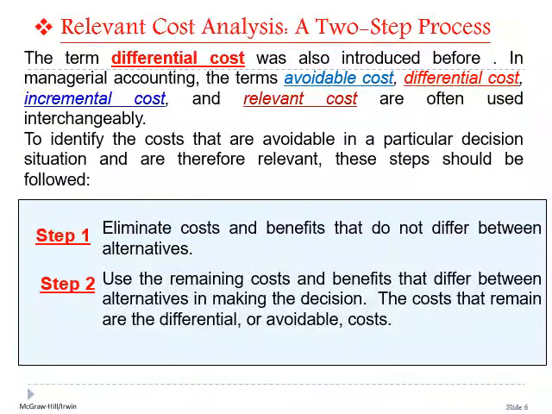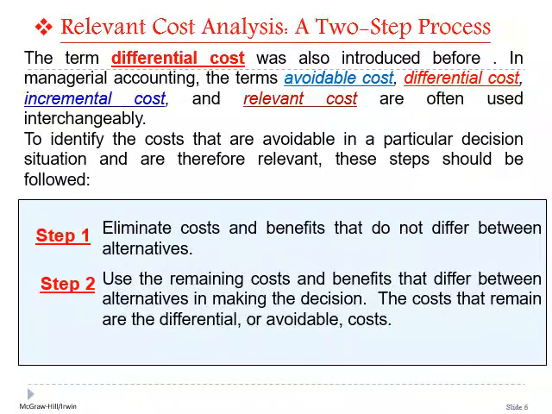تمام. To identify the costs that are avoidable in a particular decision situation and are therefore relevant, these steps should be followed. يبقى we have to follow these two steps when making decisions. The step number one, eliminate costs and benefits that don't differ between alternatives.